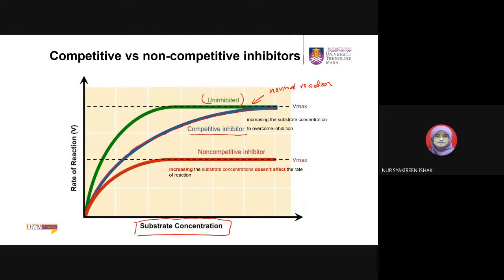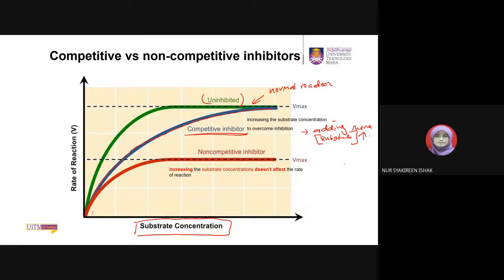Tadi kan, how do you overcome competitive inhibitor? By adding more substrate. Okay, or you increase the substrate concentration. Adding more substrate or increase substrate concentration.